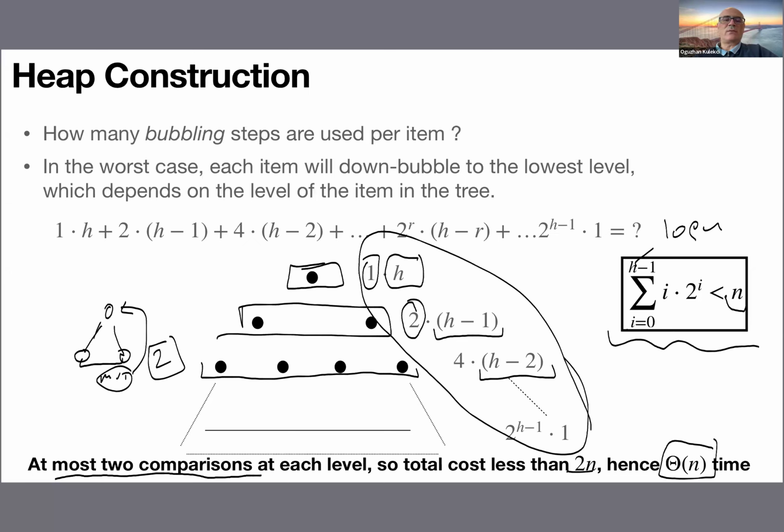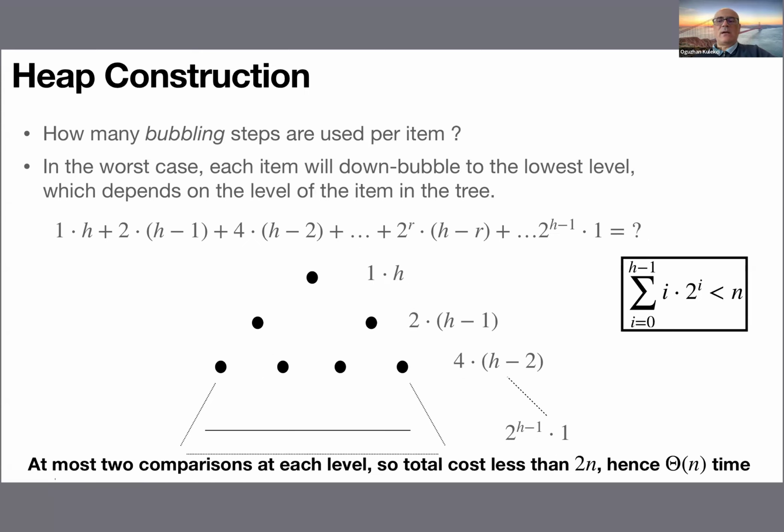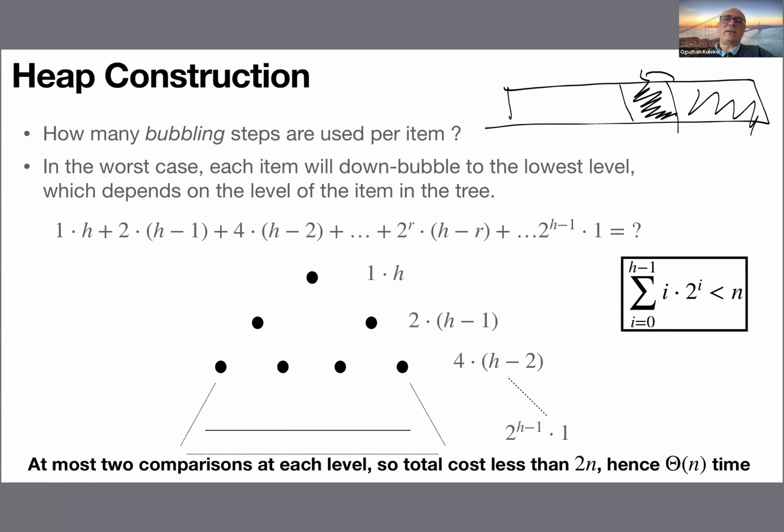So we say that the bottom-up construction time of the heap is a linear operation. We call this bottom-up construction because you start with the leaf nodes, then you check the level just before the leaf nodes, and you go towards the root.